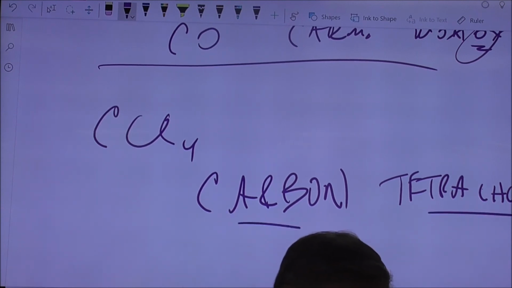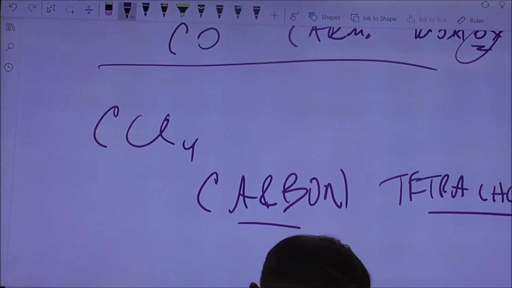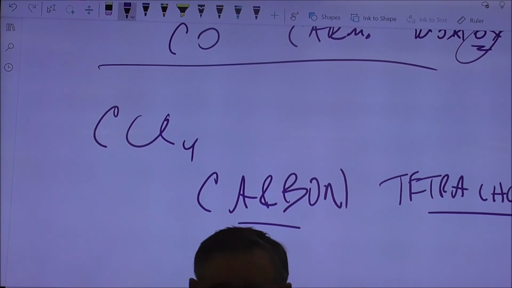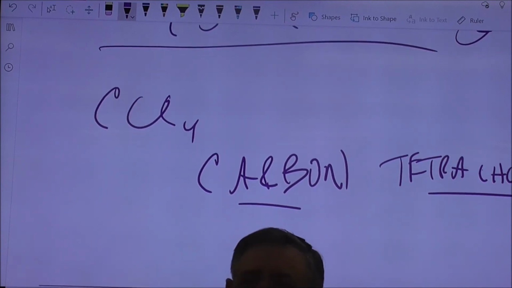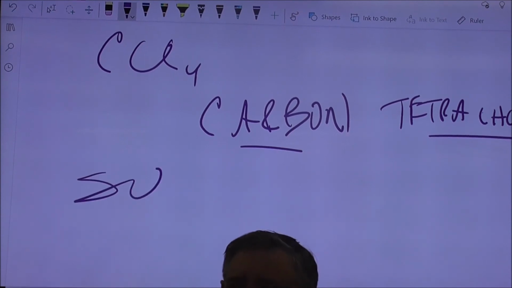So then where it gets a little bit tricky is that let's say that you've got SO. Grace, how am I going to name SO? It would be sulfur. Fantastic. Mon.